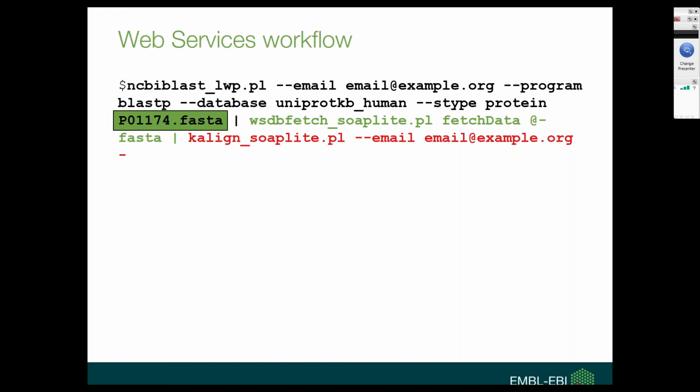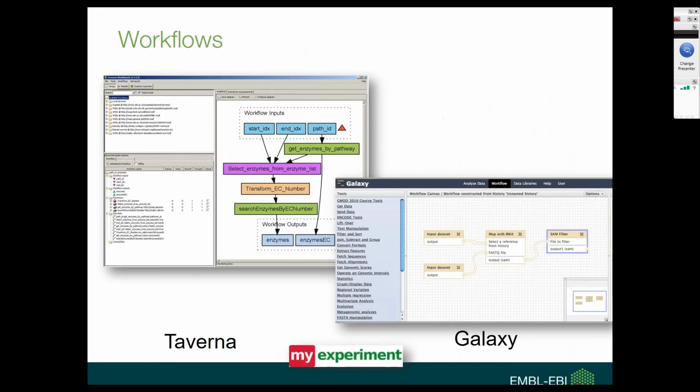In just one line, you can do whole analyses. And of course, you can chain these together using graphical tools as well. There are tools like Taverna, tools like Galaxy, and you can just plug in those web services, WADLs and WSDLs, in order to generate easy to use, easy to compile workflows, which could then be shared, of course.